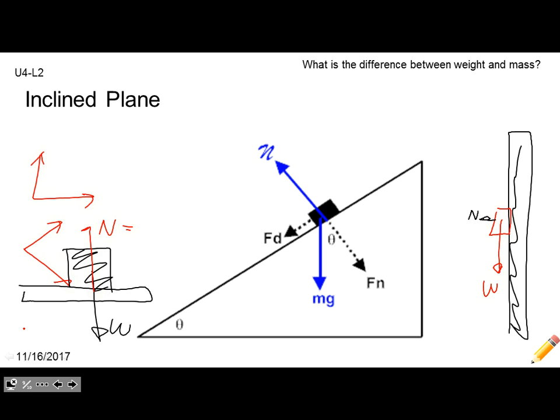What is the normal force equal to? It's equal in magnitude to the weight. So when the inclined plane is at 90 degrees, the normal force is 0. And when it's at 0 degrees, the normal force is equal to the weight, right?